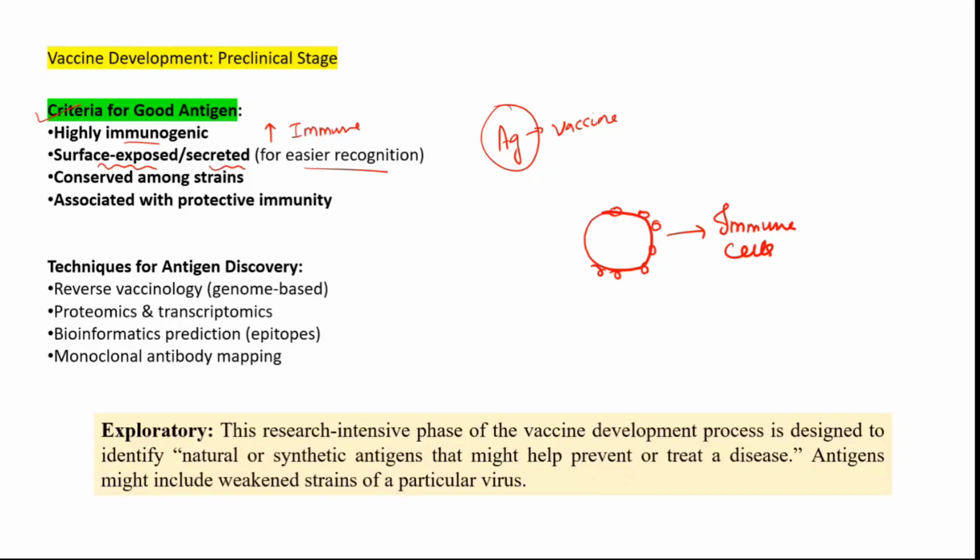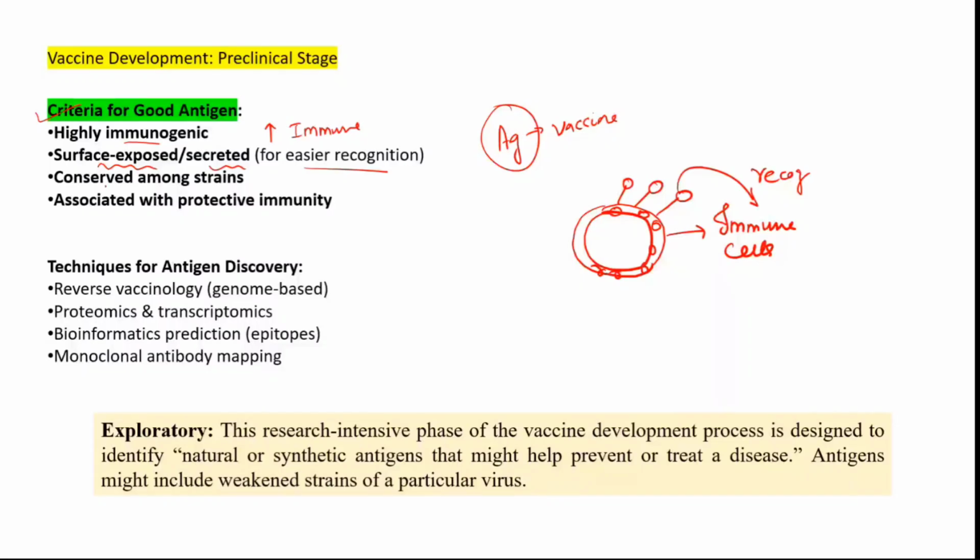So the antigen modulates its outer layer, or wears a shield-like covering, which will not allow immune cells to recognize and kill them. So we have to choose an antigen which has exposed chemical moieties that can be recognized by the immune cell. This is the requirement to be a good antigen.